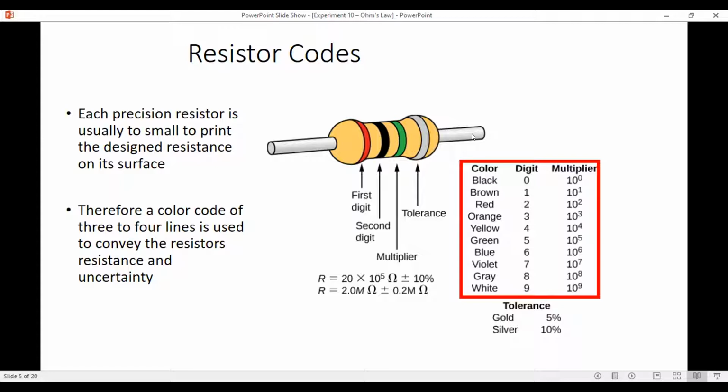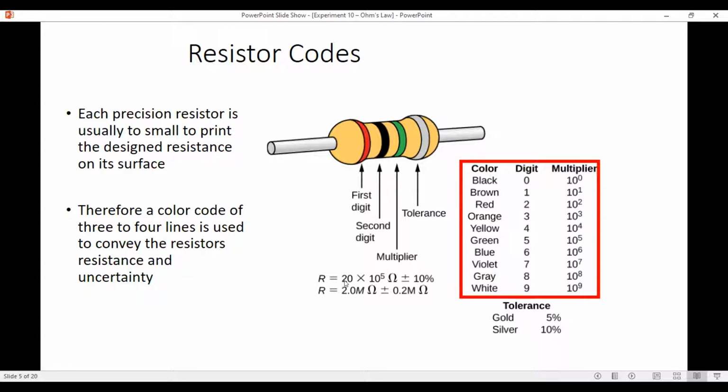In this particular case, we have a resistor with, I know it looks a little brown, this is a red, black, green, silver color code. And if we translate the colors into digits, red is 2, black is 0, green is 5, but that's the multiplier.